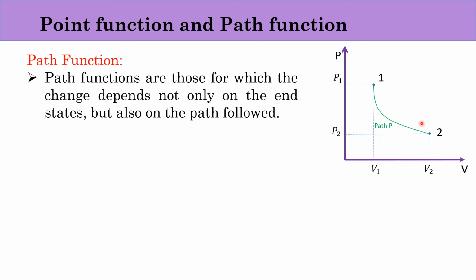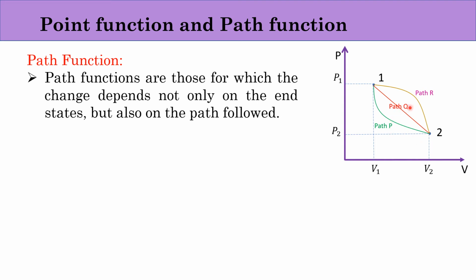Now the area under the curve, this area below the path P, is considered to be the work done. Similarly, if the process is joined by path Q, then this area is considered to be the work done. Or if it is following the path R, then this area is considered to be the work done.